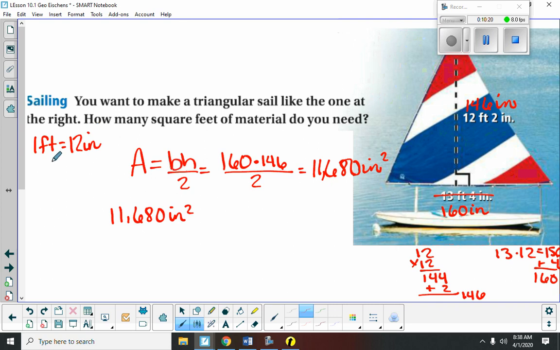Which means you can write a unit multiplier as 1 foot over 12 inches, or 12 inches over 1 foot. Now here's the thing, 1 foot and 12 inches are equal. So it's like writing 5 over 5, which equals 1, or 10 over 10, which equals 1.